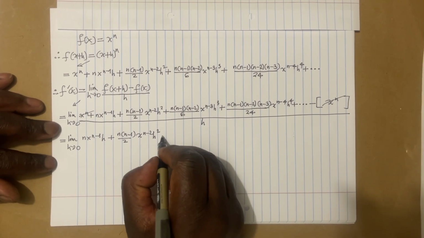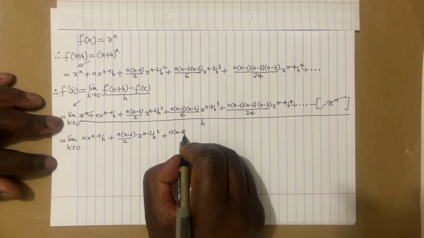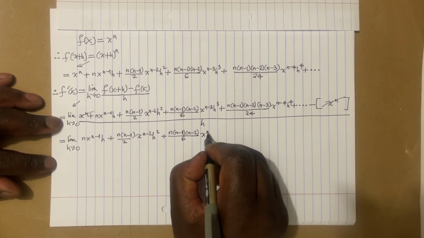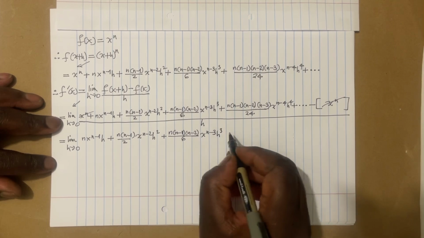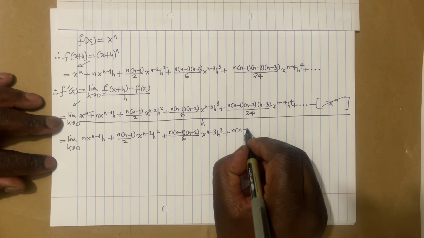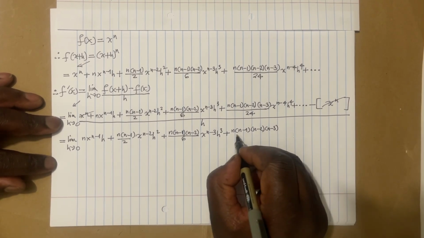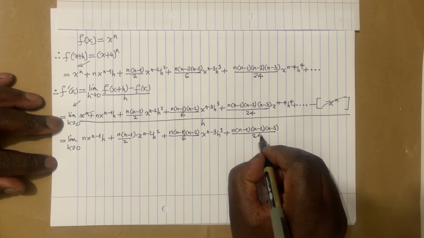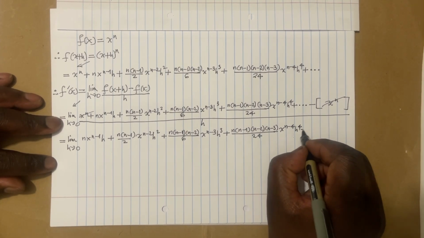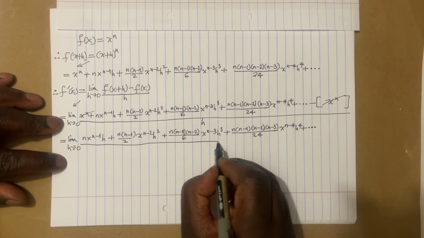And then I have plus this term here, which is n minus 1 n minus 2 all over 6 x power n minus 3 h power 3, and then plus this part here, which is n minus 1 n minus 2 n minus 3 all over 24 of x power n minus 4 h power 4 plus 1, 2, 3. Don't forget that. And we're dividing the whole of this expression by h.